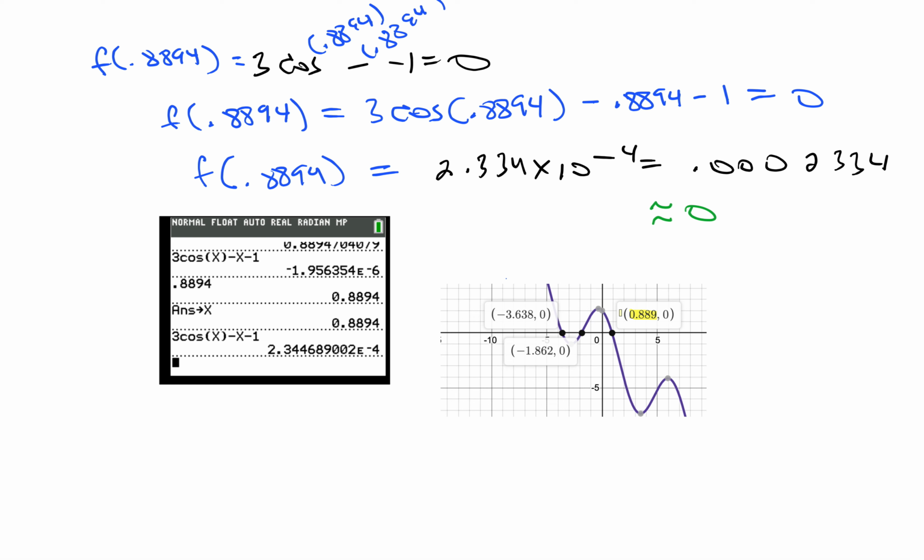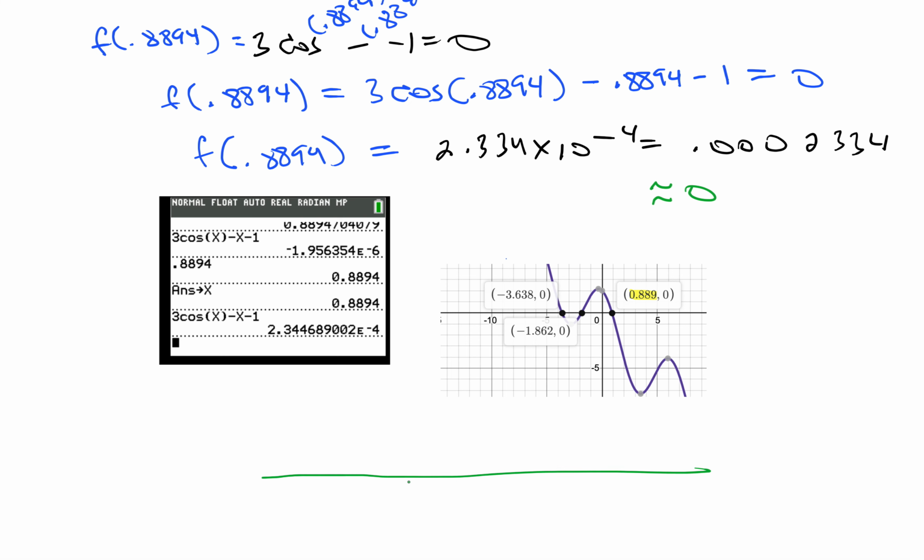So what I would do, which we're not going to do because he didn't assign this problem, is now that I know our zeros are like this, we know the actual zeros: negative 3.638, we know that's one. And we know another one is negative 1.862. And we know the other one is 0.889.